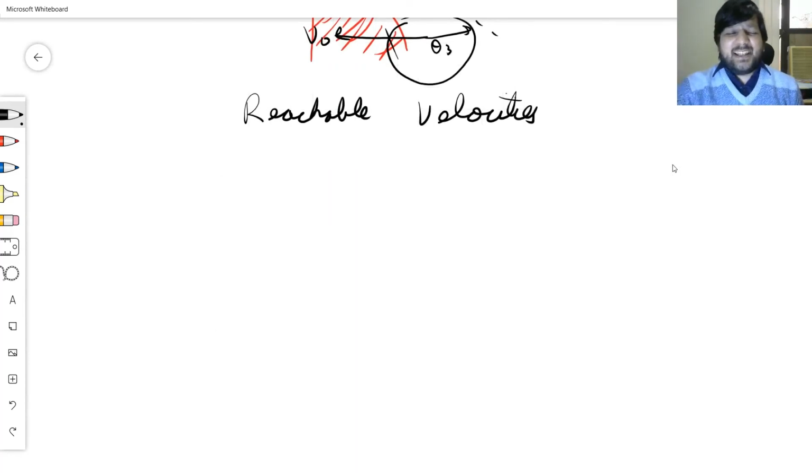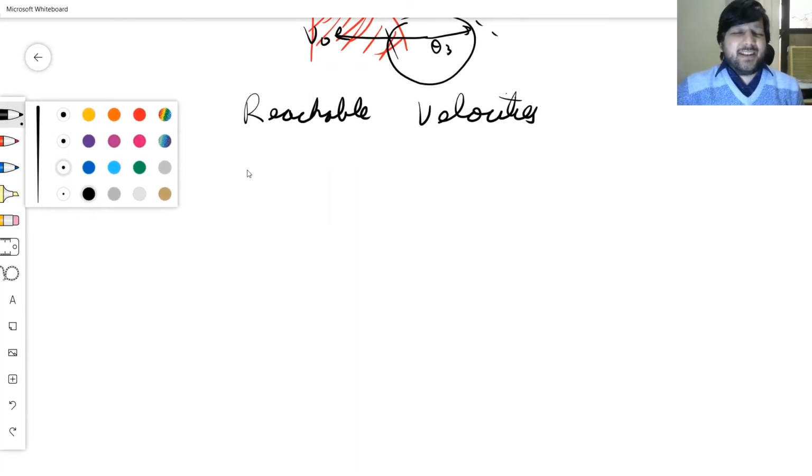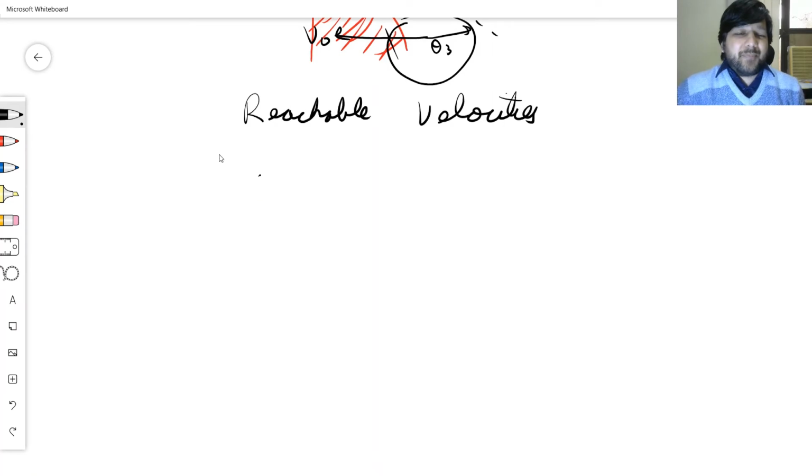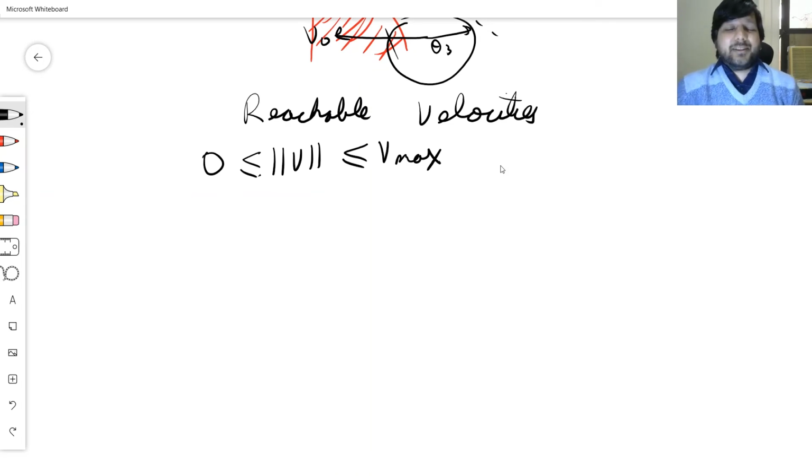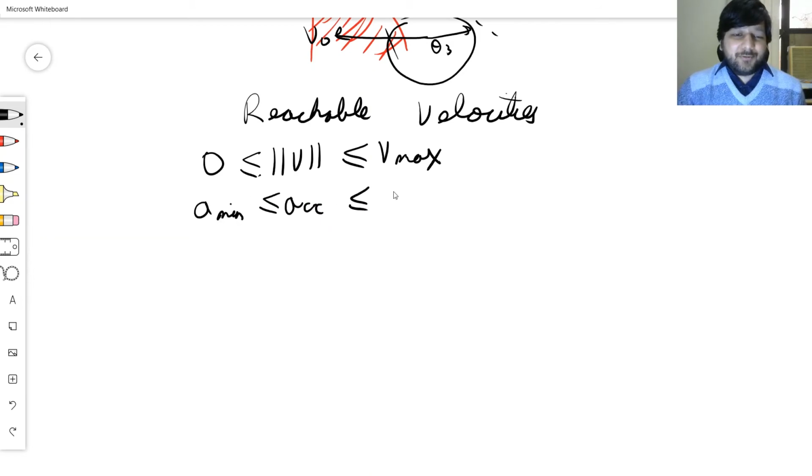So that's what I say, that I have got constraints. My first constraint is that my magnitude of speed is limited. I cannot travel more than 100 kilometers per hour. My other constraint is that my acceleration is also limited. And because my acceleration is limited, I say my acceleration is between minus a min, which will definitely be negative, to a max.